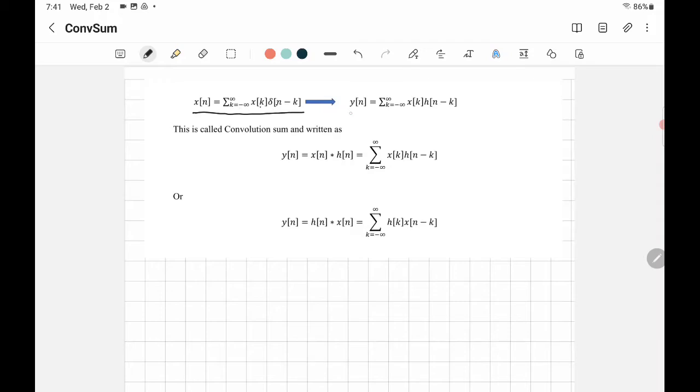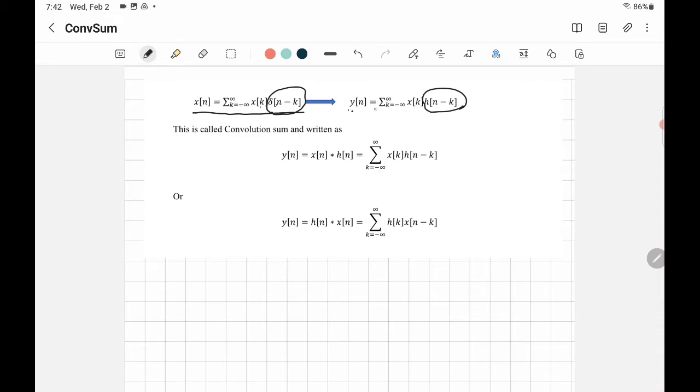Now to find y, how do you find y? Very simple. You just replace the impulse delta n minus k by h n minus k. When you do that, you find the output.